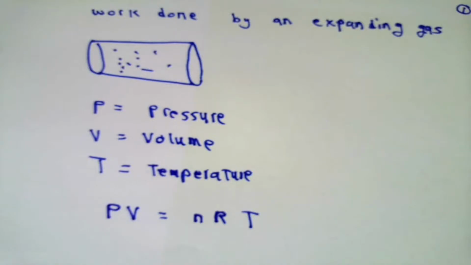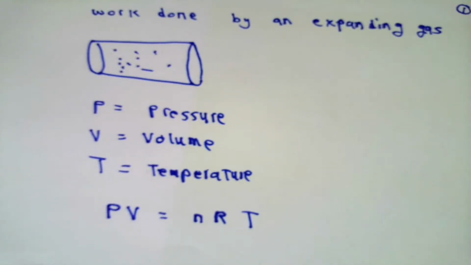The gas inside the container has a certain pressure, P. This will be measured in, say, pounds per square foot. It's a force divided by area. There'll also be a volume, V, in cubic feet, or whatever your units have to be. And there's the T, which is the temperature of the gas, measured in degrees Kelvin from absolute zero.